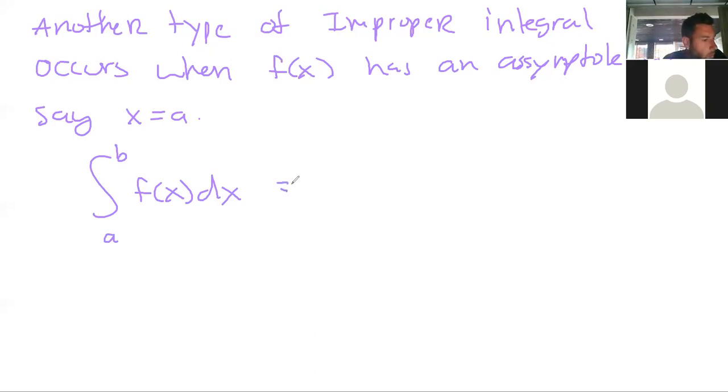Well, what we do is we have to think of it in terms of a limit. Instead of integrating from a to b, we'll integrate from some variable. One way to do this is we might use the Greek letter delta, and then we'll let delta approach a from the right.